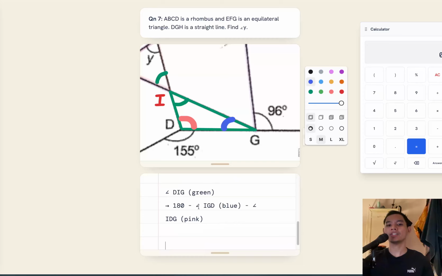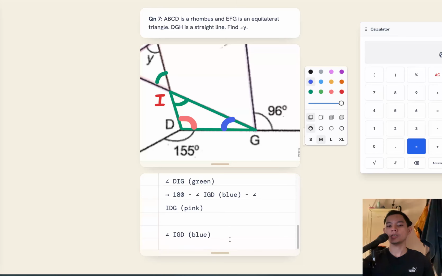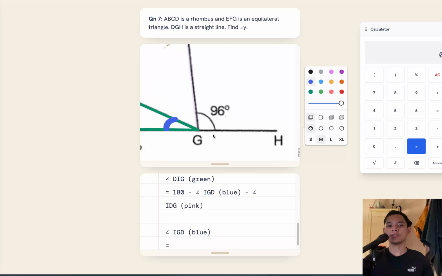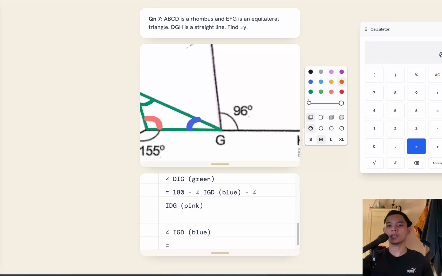For angle IGD, in blue, how do we get this angle? This angle is actually part of a straight line. The straight line looks something like this, which is this part. So IGD, the blue angle, is 180 minus 96, minus this other angle.